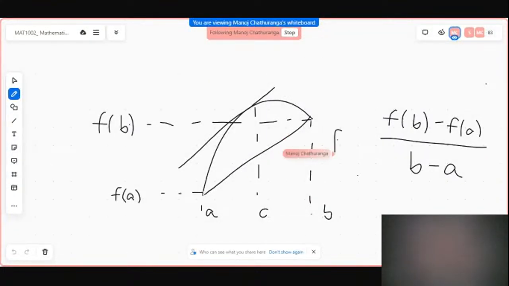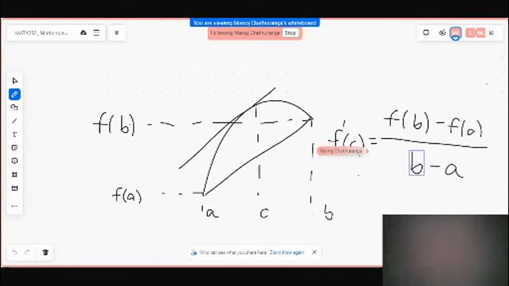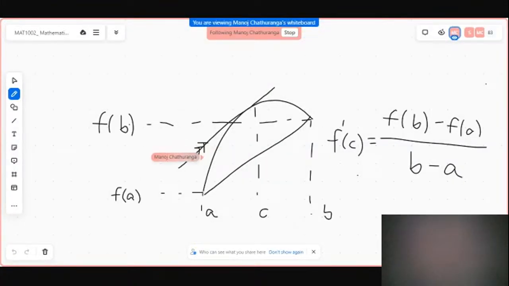So the tangent line has the same slope. When they have the same slope, they are parallel. These two lines are parallel.